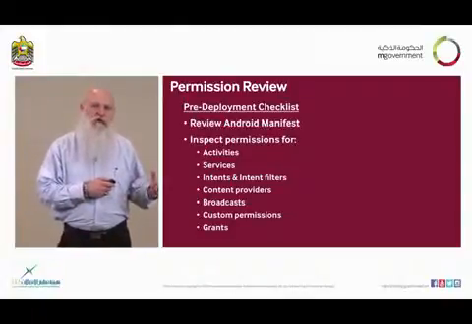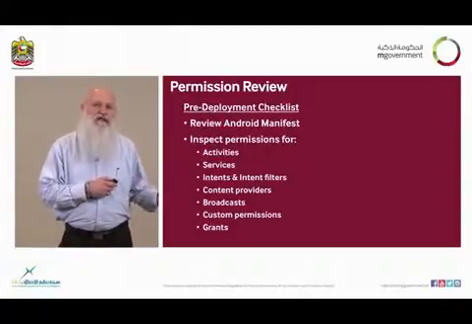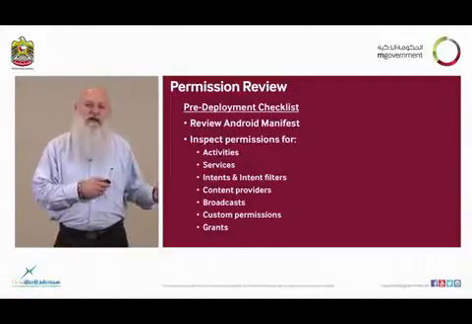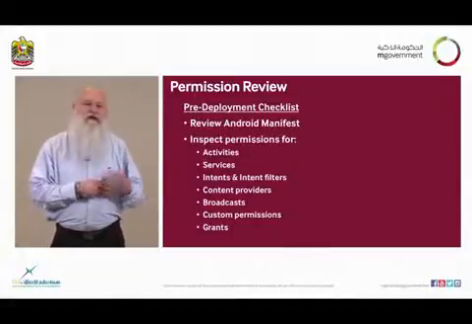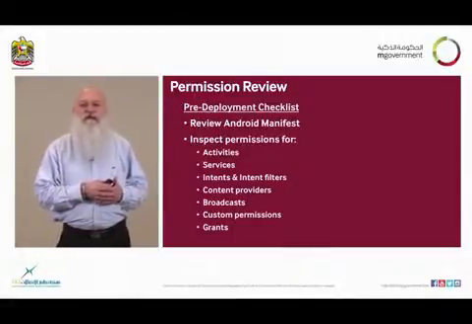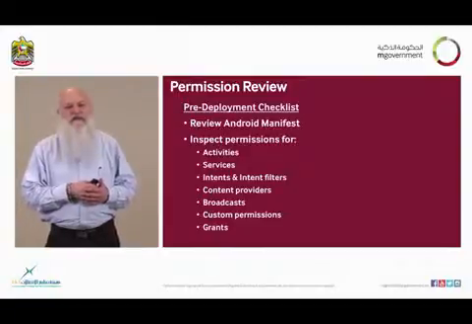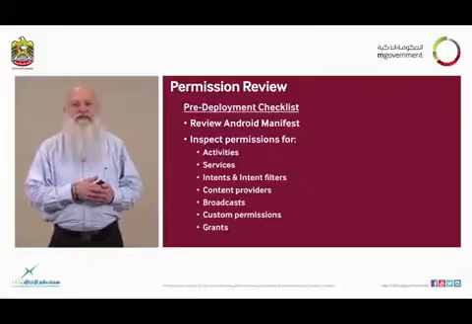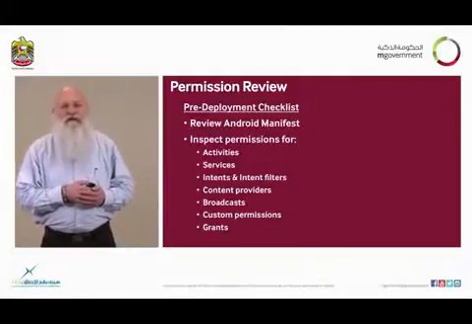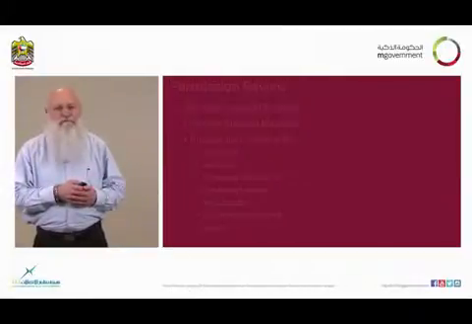Set the groundwork for this with the developers in the beginning stages of the development lifecycle. Prior to deployment in the testing phase, review that AndroidManifest.xml. Inspect the permissions for activities, services, intents, content providers, broadcasts. Examine in detail any customized permissions and content grants.